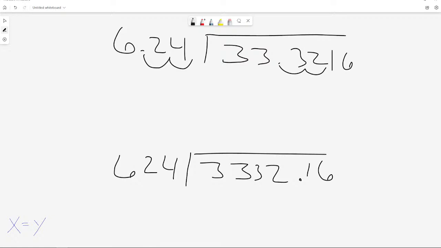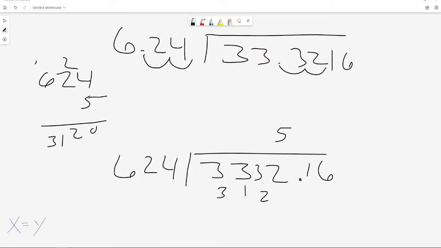Guess what? I'm not even going to bother with this one. So 624 goes into 3,332 about 5 times. Let's see, 624 times 5 is 3120. And then you get 212.16.